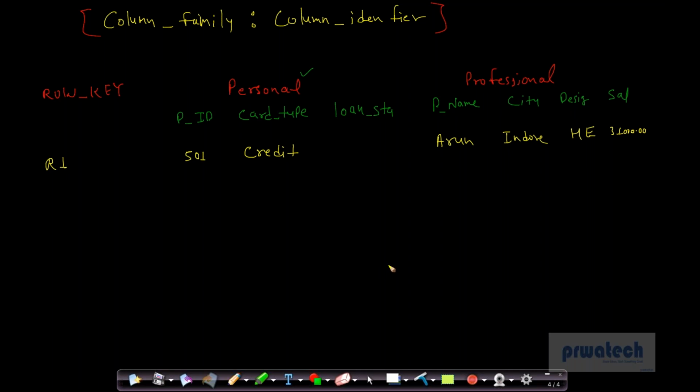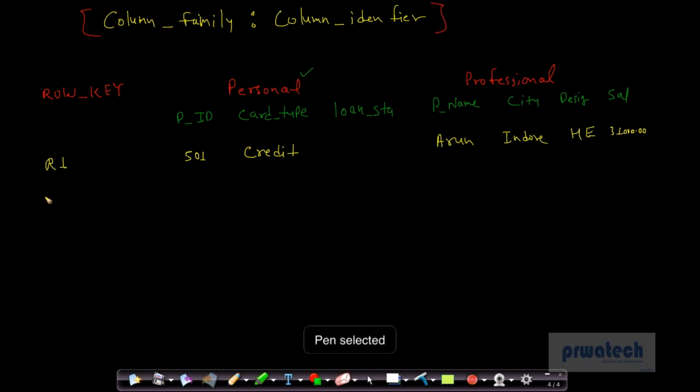And by the way, if you're thinking at runtime, let me keep two to three columns, then I'll take the second case. The second entry is R2. If you want to write it as 2 also, that option is with you.